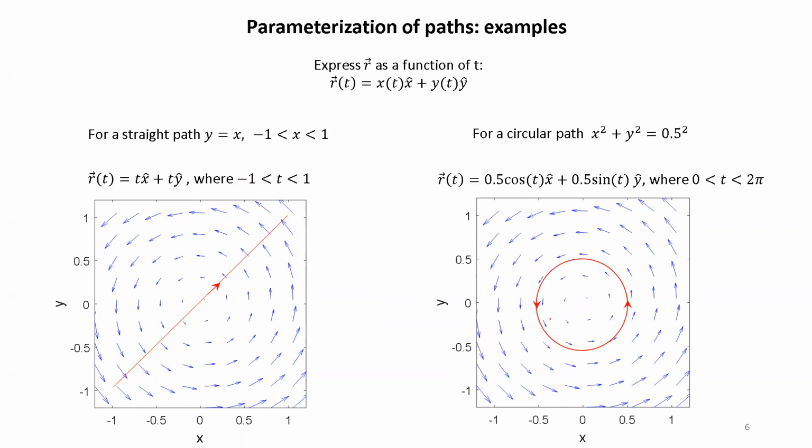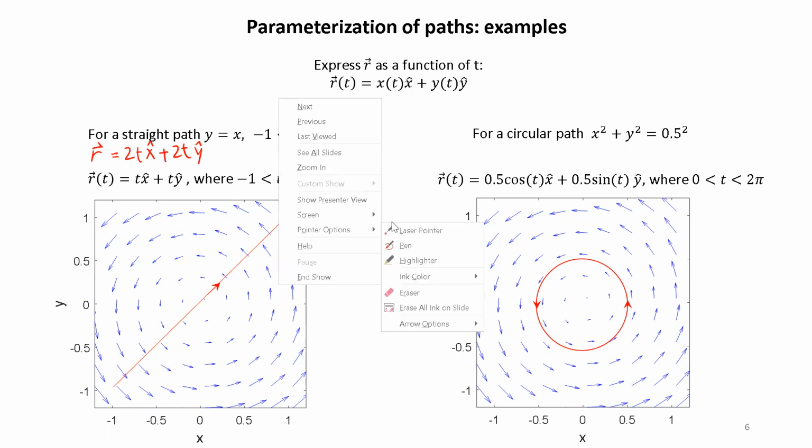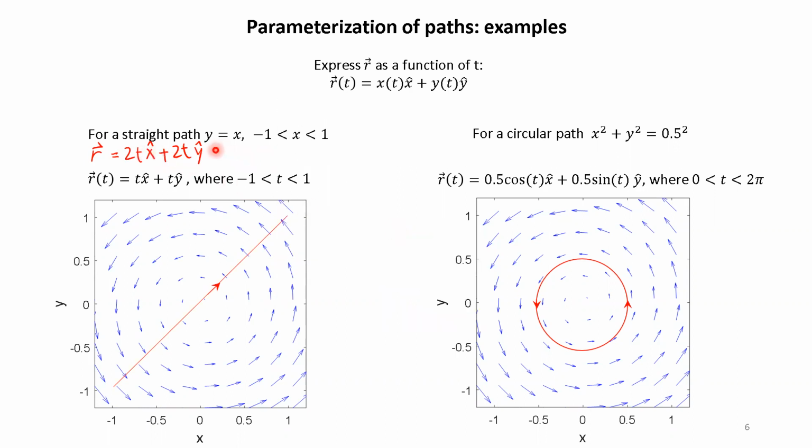Can I say r equals 2t x hat plus 2t y hat? If I do it this way, it also works, right? Because here the x value is the same as the y value. But now my t interval has to change, right?